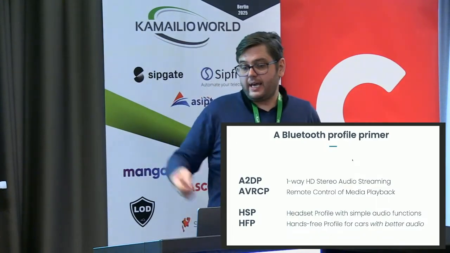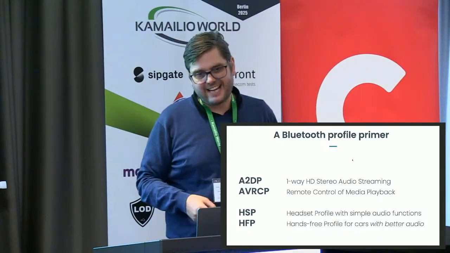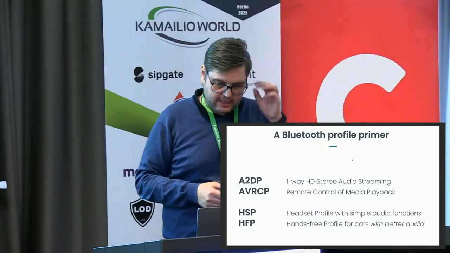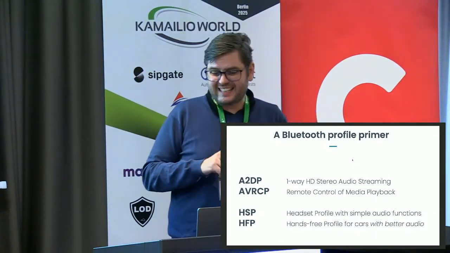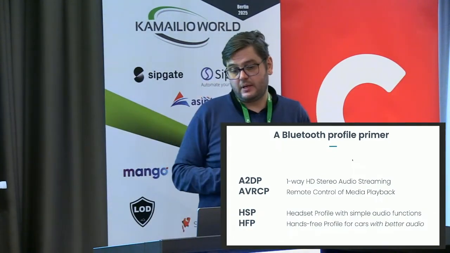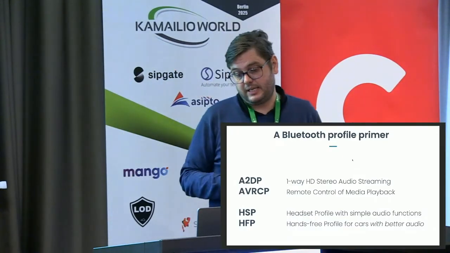Because it's a one-way HD stereo audio streaming, and it has a kind of great audio quality, right? It's getting better. You can also remote control it, but that's one way. It's high definition, so you can't use it for mobile phones, obviously, because you want to hear what the other one is saying as well.